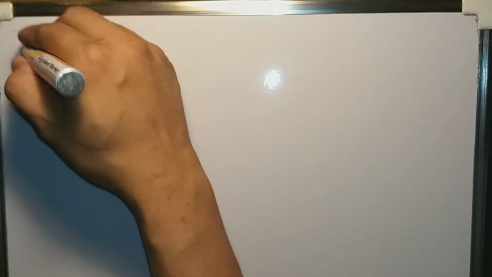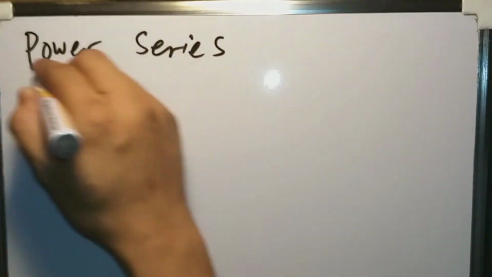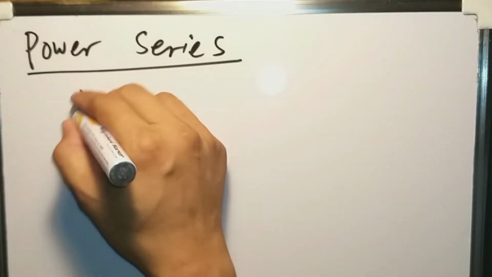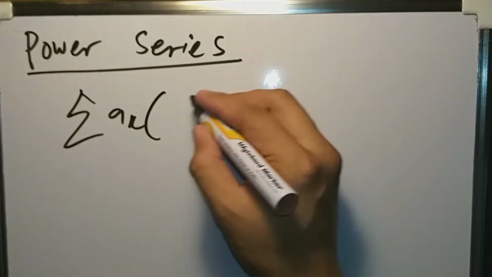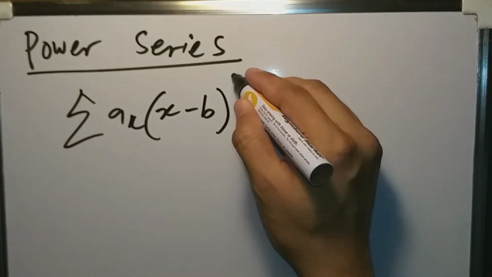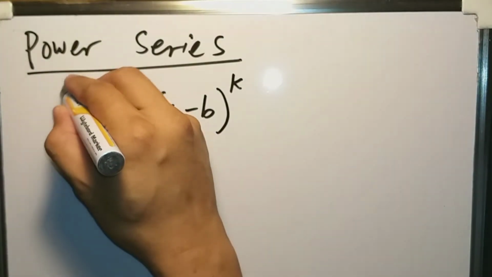So we are now at power series. A power series is an infinite series of the form summation a_k times the quantity x minus b raised to k, where k goes from 0 to infinity.